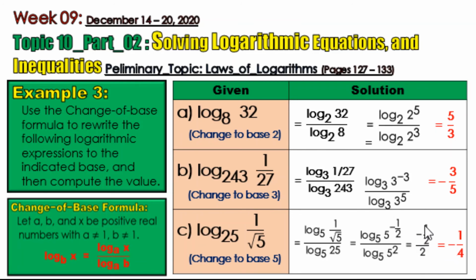So negative 1/2 times 1/2 is equal to negative 1/4. So this is the value for example number 3, letter C.